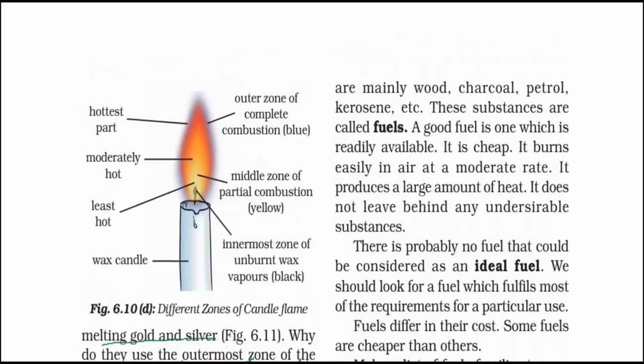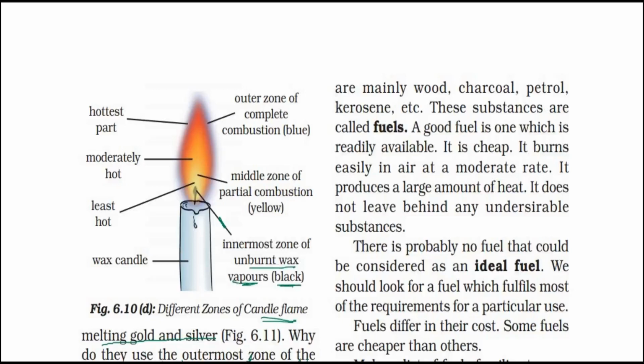So now if you look at this candle flame, see the different zones of a flame, right? Very, very important answer. We'll see there are 3 zones of a flame. The innermost zone, this part, is the zone of unburnt wax vapors, it is black in color.